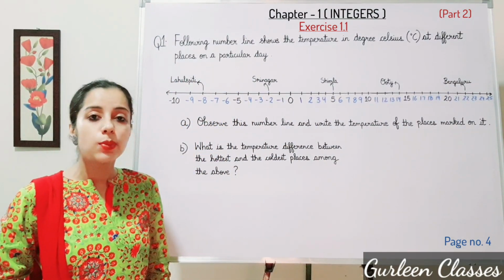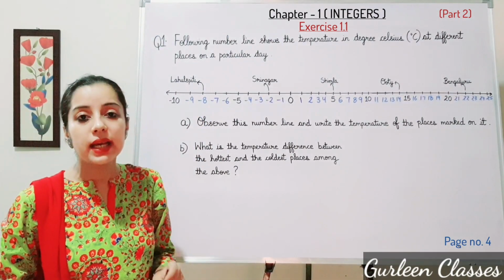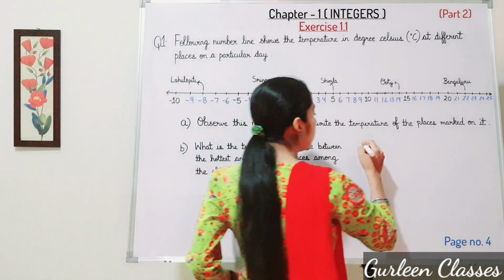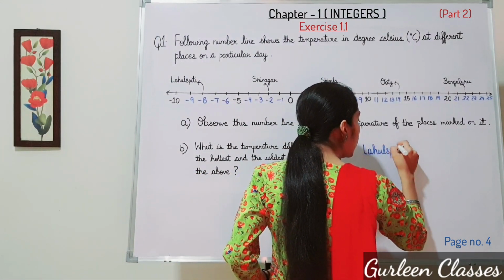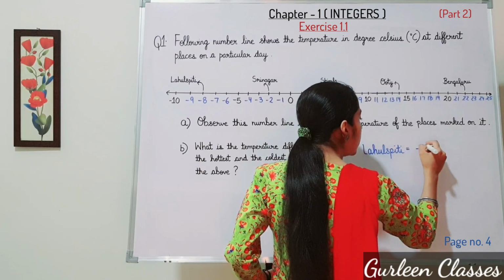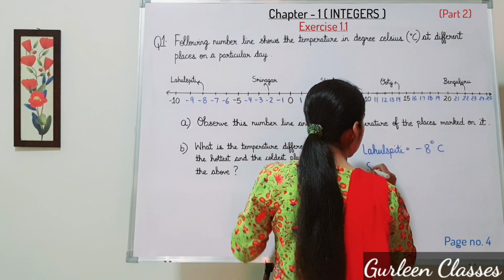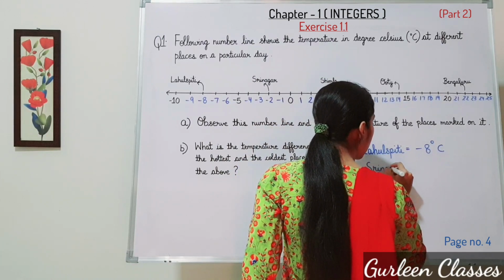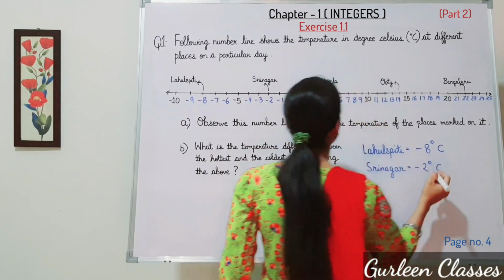So let us start with Lahul Spiti. Lahul Spiti is how much? -8 degree Celsius. So right here, Lahul Spiti is -8 degree Celsius. Then Srinagar is -2. Srinagar -2 degree Celsius.